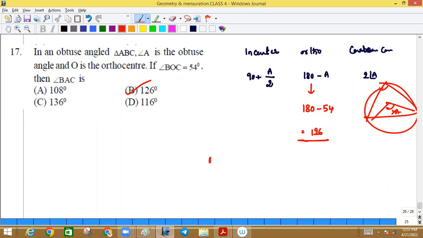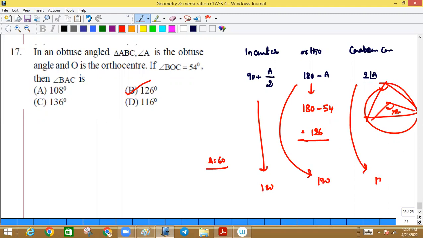If you substitute A equal to 60, 90 plus 60 by 2 is 120. What is 180 minus 60? 120. What is 2 times 60? 120. All of them become equal when angle A is equal to 60 degrees. You understand my point there? But I want this 180 minus A. I'm just revising the basics.